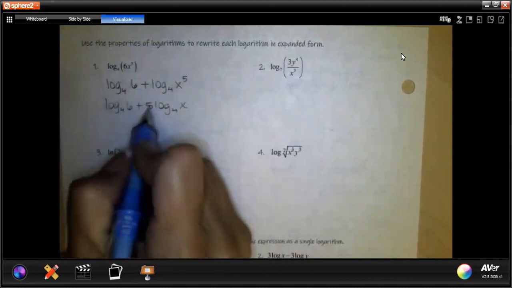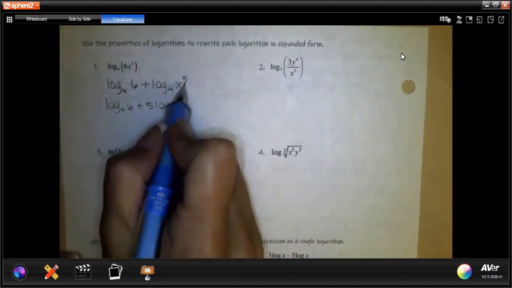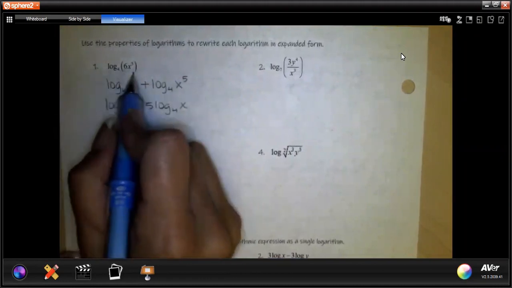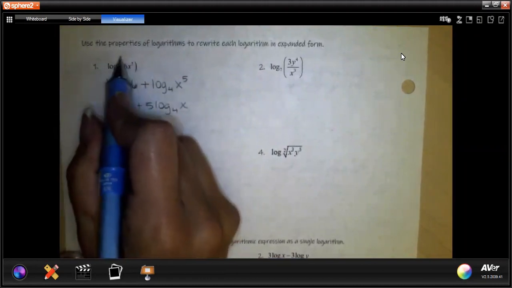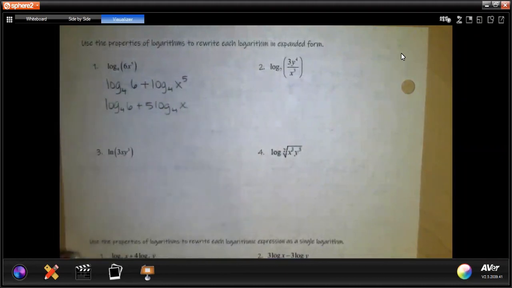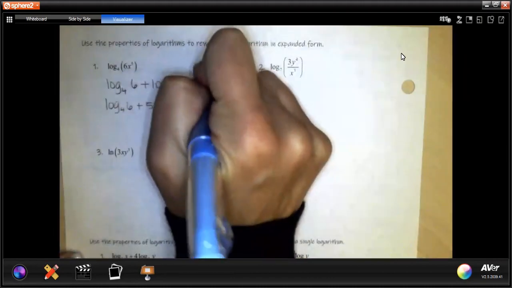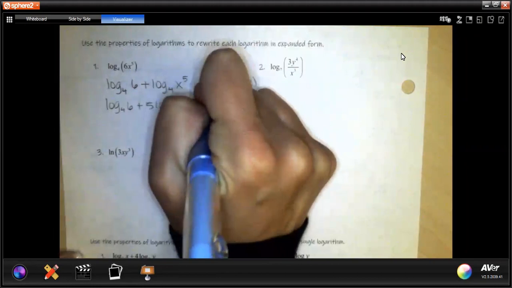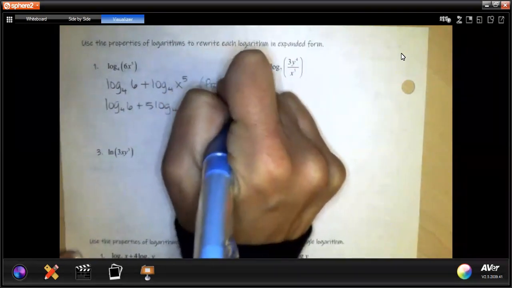Notice that 5 is on the log that had the x because that's the only one that had the exponent. So this one should not have a 5. You would not want to do that 5 first because then it would end up in front of the 6 that does not have an exponent. So this was the product rule, and this was our power rule.